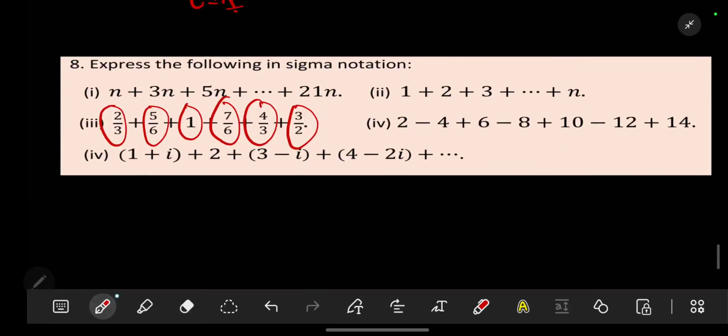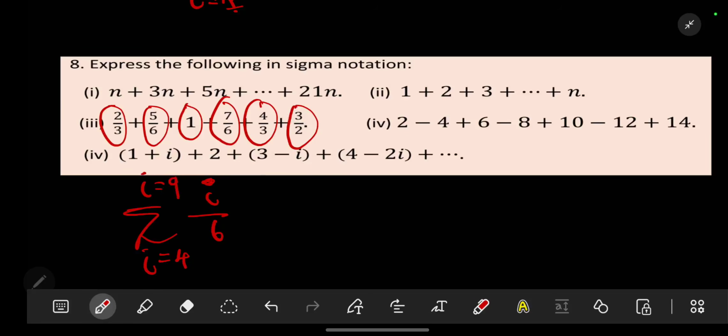There is another valid sigma notation for this one, which is I over 6, from I is equal to 4 to I is equal to, what is the highest value?